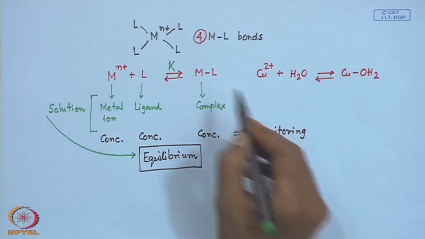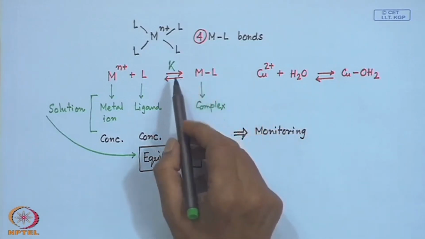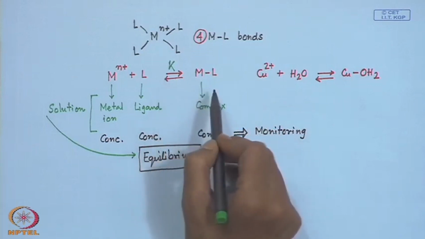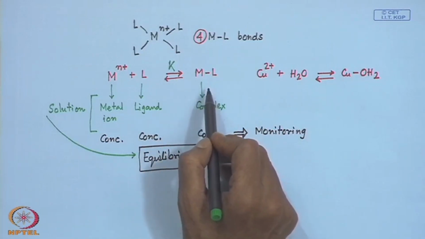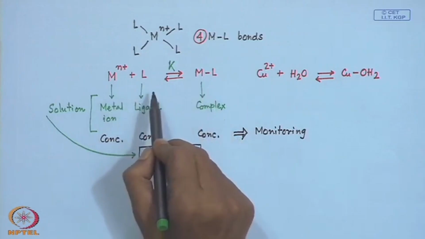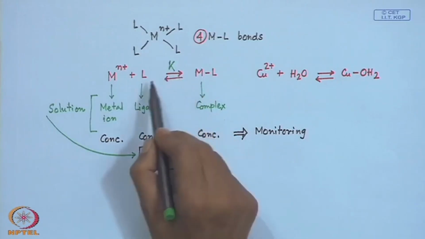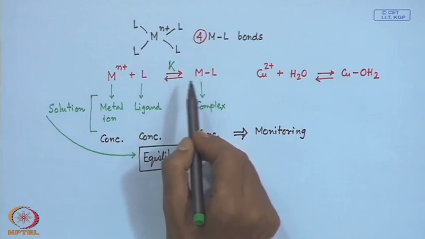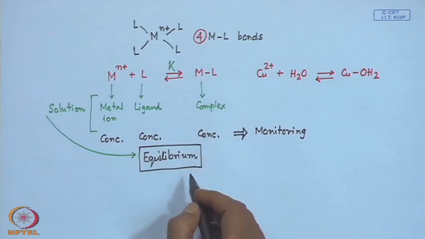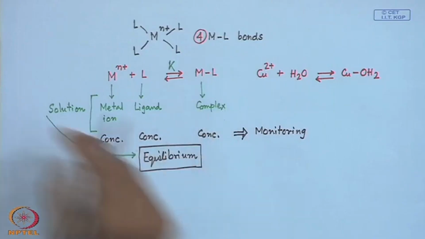That means the equilibrium constant, which can tell us how quickly the corresponding metal complex will form from the individual components. That equilibrium constant for the forward reaction we can measure, and the constant can be monitored for the different stages of the equilibrium.